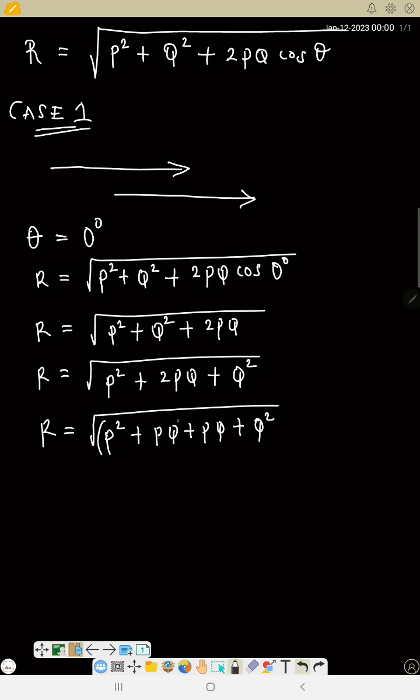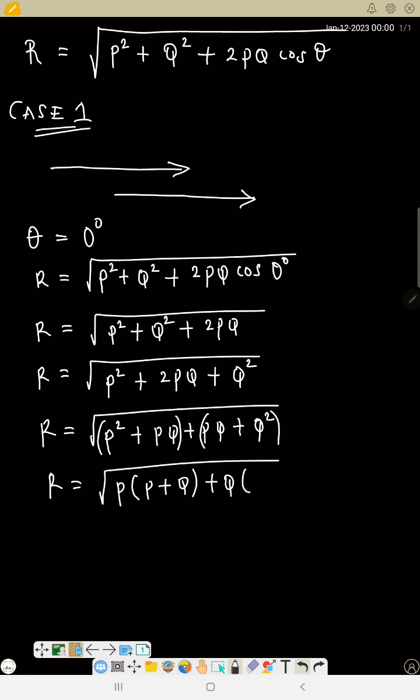So bracket it in 2. So what is common in the first bracket? I'm trying to factorize here. So this will be p, then p plus q, then plus q, p plus q. So now r is equal to the square root of p plus q and p plus q.